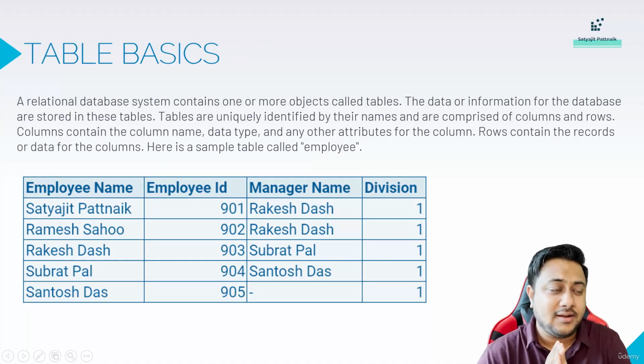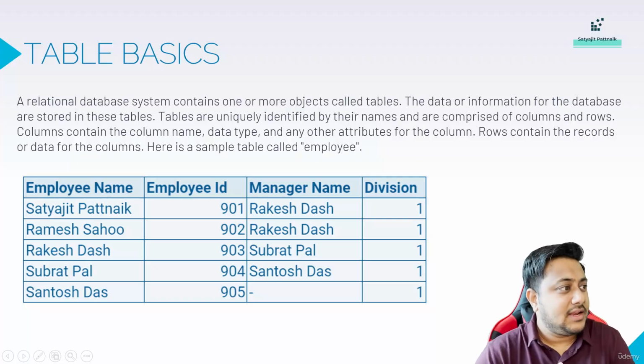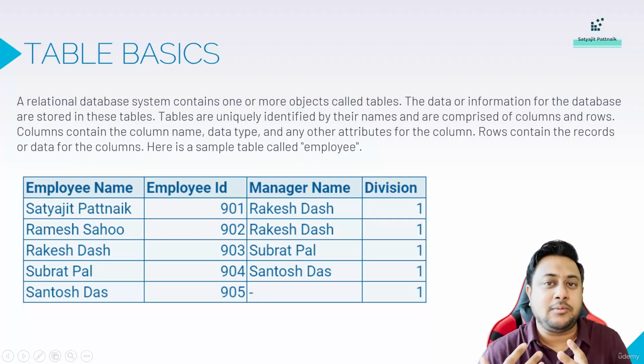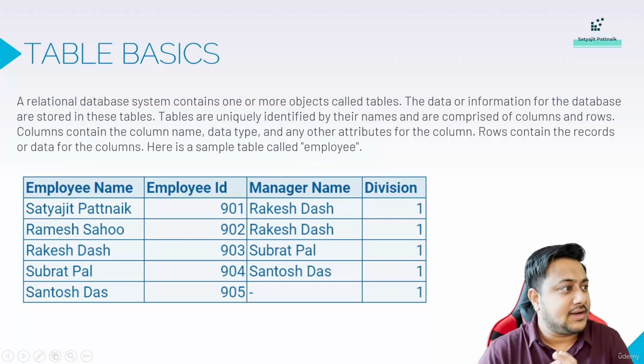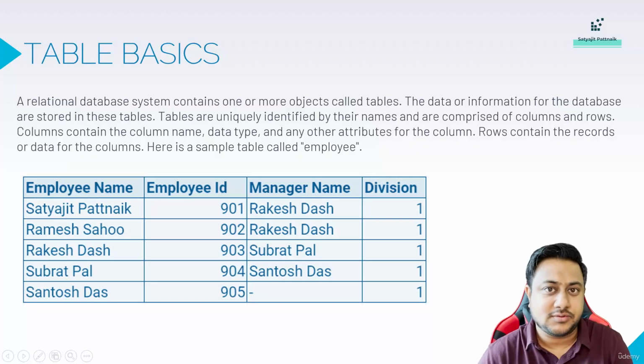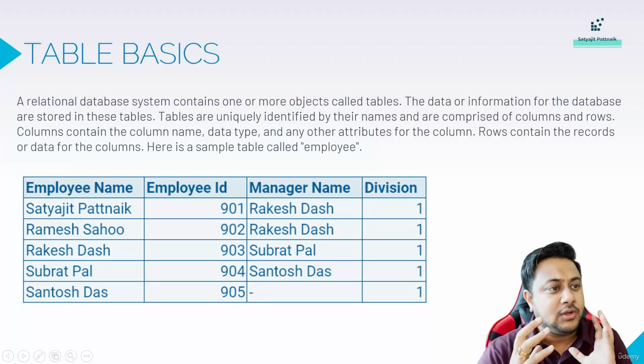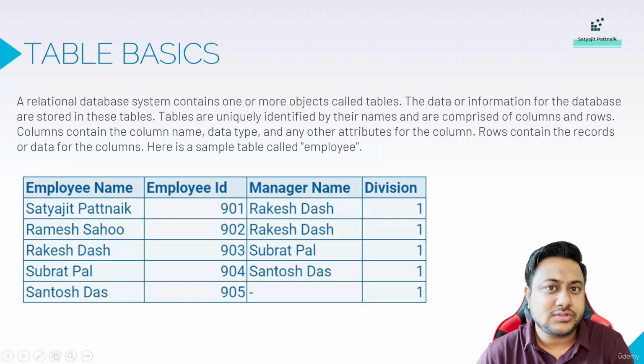Before getting into that, let's try to learn the table basics. A relational database system contains one or more objects called tables. The data or information for the database are stored in these tables. Tables are uniquely identified by their names and are comprised of columns and rows.